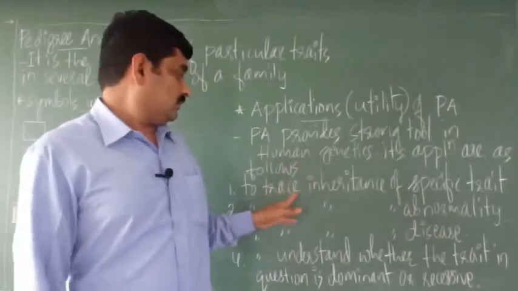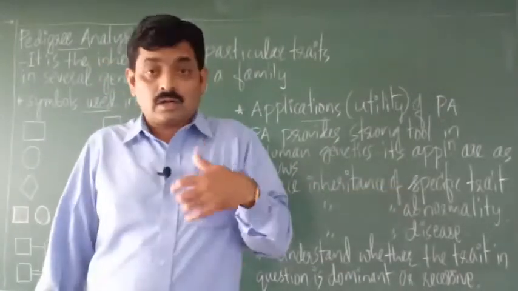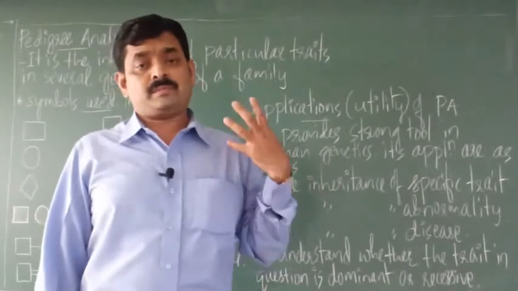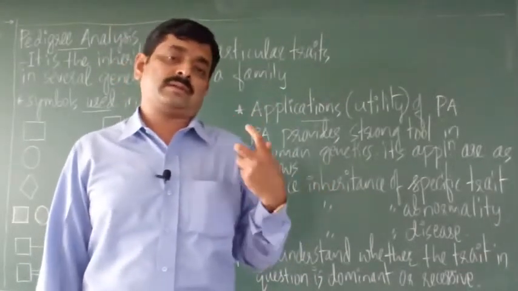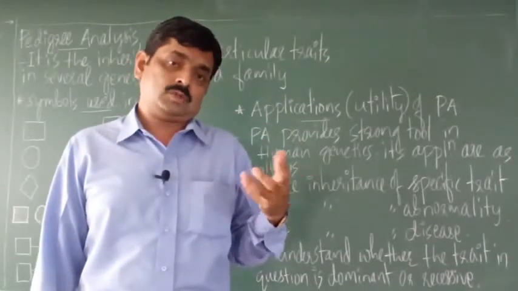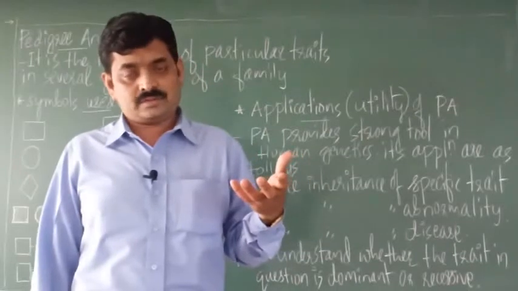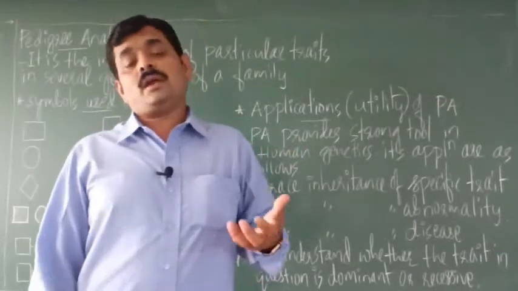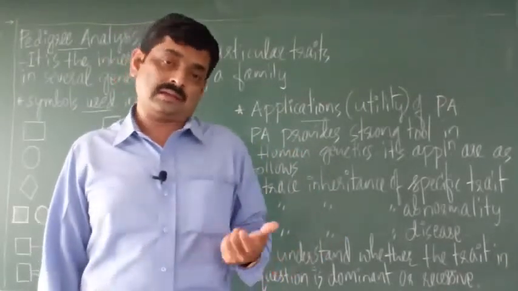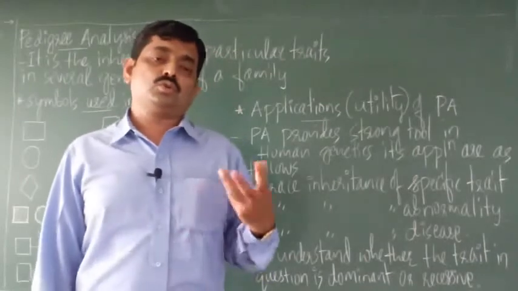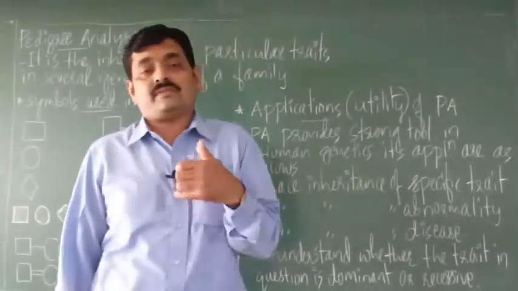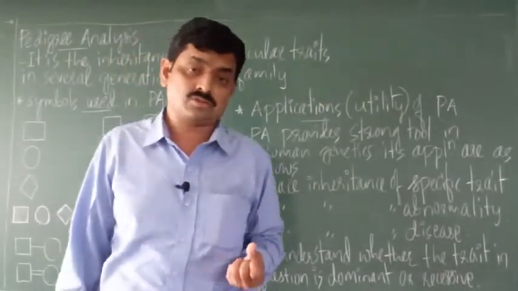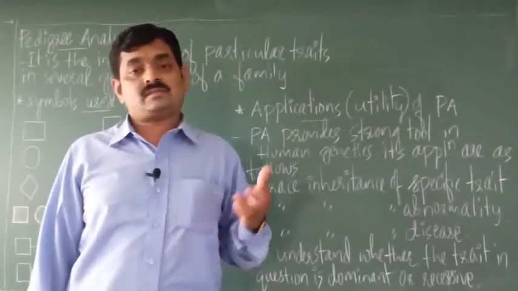We can trace the inheritance of a specific trait. It can be any trait. It can be a genetic disorder, or any character with respect to skin color, eye color, or hair texture. We can trace the inheritance of such specific traits by pedigree analysis. Then even the inheritance of a particular disease can be easily traced in several generations of a family.